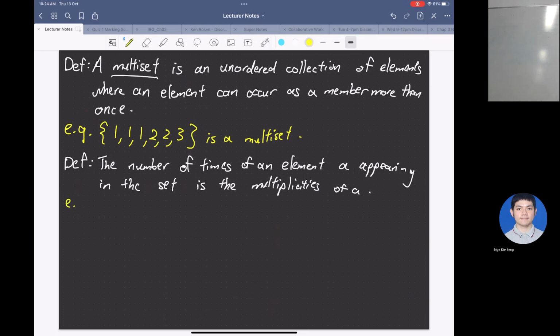For example, what is the multiplicity of 1 in the previous multiset?